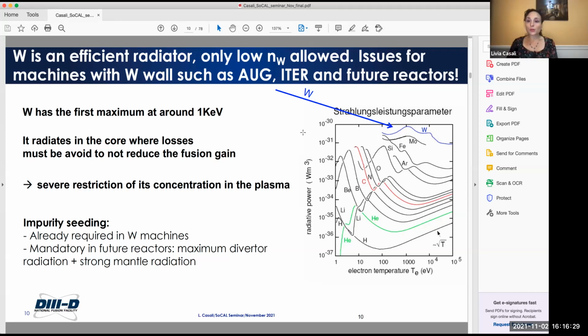And this is a problem in tungsten machines, such as ASDEX Upgrade, in ITER, and in future reactors, because we really need to restrict the concentration of tungsten in the plasma. Now, this technique of impurity seeding is already required in a tungsten machine, because they are missing the intrinsic scrape-off layer radiator, which, for instance, in JET is carbon. And it will be necessary in future reactors, which will need maximum divertor radiation and strong mantle radiation.